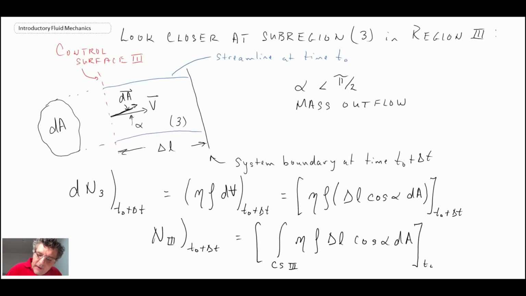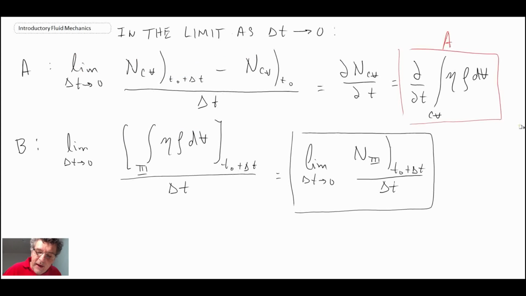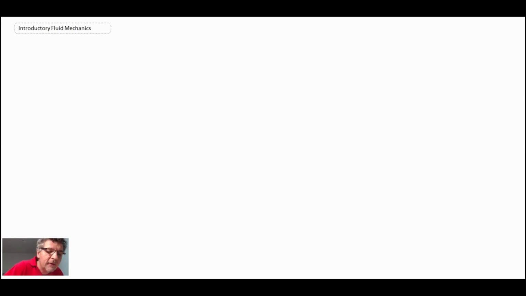And this would be at t0 plus delta t. Okay. So we're getting closer to understanding B. What we're going to do, we now want to find the time rate of change of that, because if we go back here, we're interested in the time rate of change of that extensive property. So that's what we're now going to do.